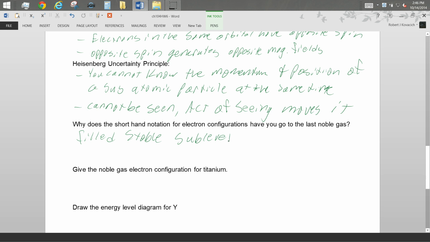We're talking about filled, stable sublevels. If neon, for instance, has its S and P's filled, that configuration is very stable. If I add one electron to it to go on to sodium, that one electron is unstable in its position, where the 10 underneath it are stable.